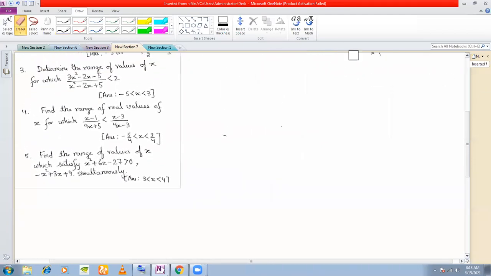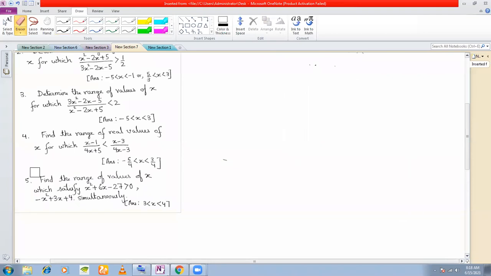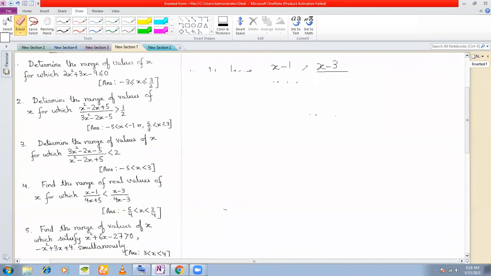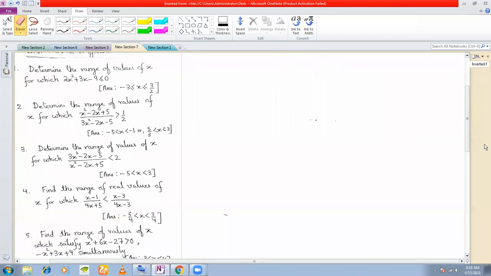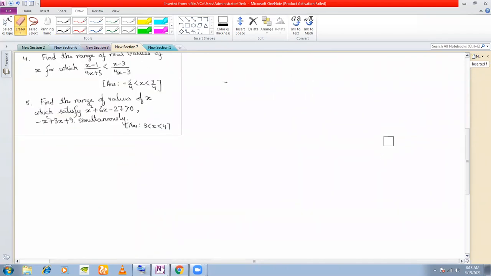The next one is an interesting one because the next one is actually a case of simultaneous quadratic inequalities. Two quadratic inequalities together is given to you. Question is find the range of values of x for which x square plus 6x minus 27 is greater than 0 and minus x square plus 3x plus 4 is, I think I forgot to give the sign.